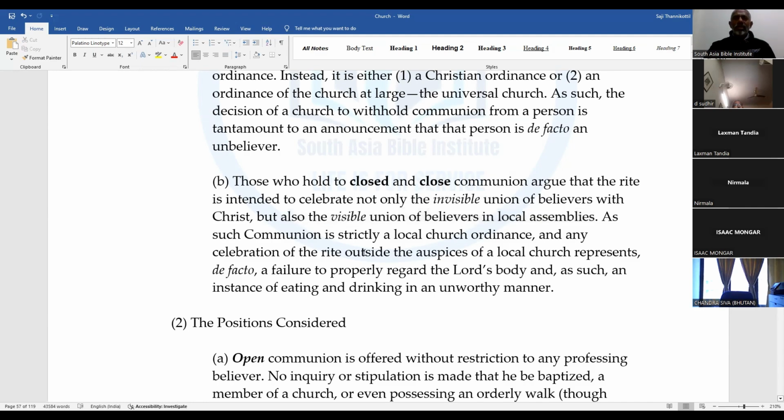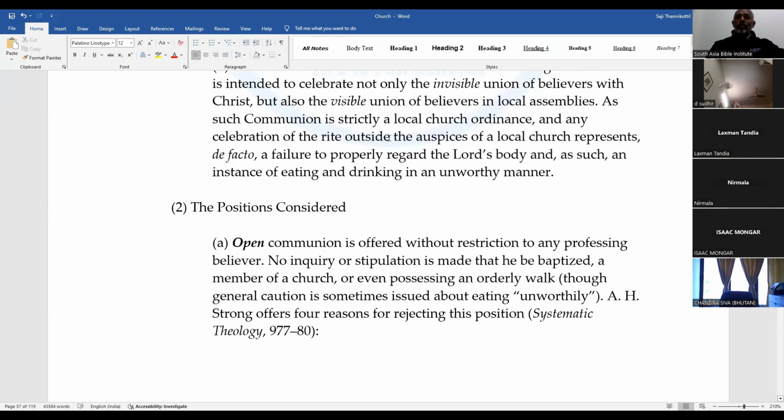As such, communion is strictly a local church ordinance. These two groups, closed communion and close communion, believe that this is a church ordinance, like we already discussed in the beginning. And any celebration of the rite outside the auspices of the local church represents a failure to properly regard the Lord's body, and is an instance of eating and drinking in an unworthy manner.